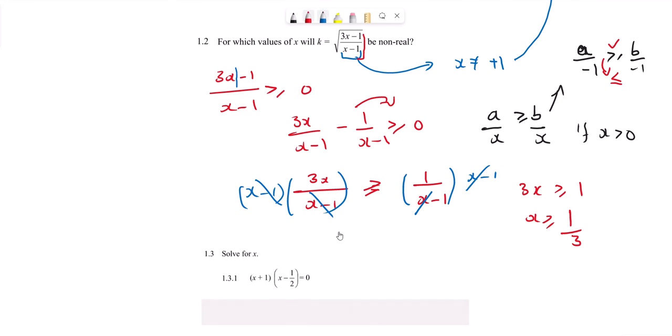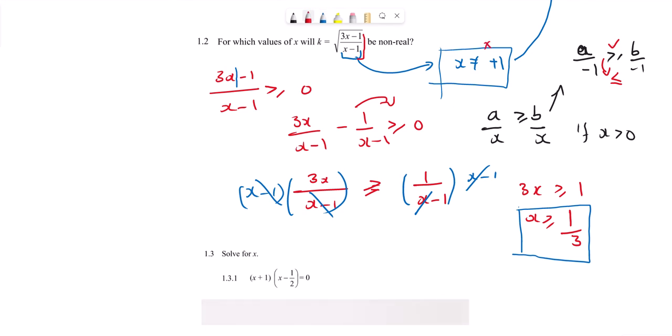Since we have two numbers, look, we have two x values. It's this one and this one, but this one here, x cannot be.